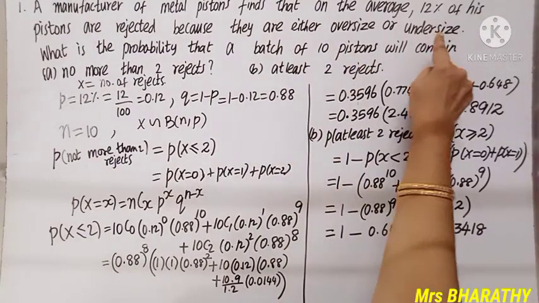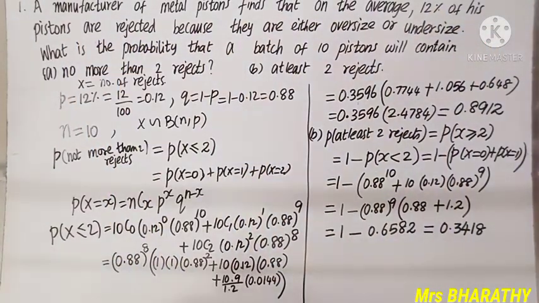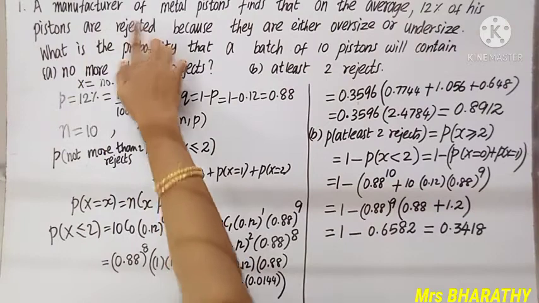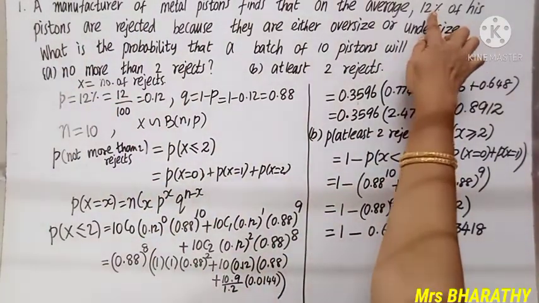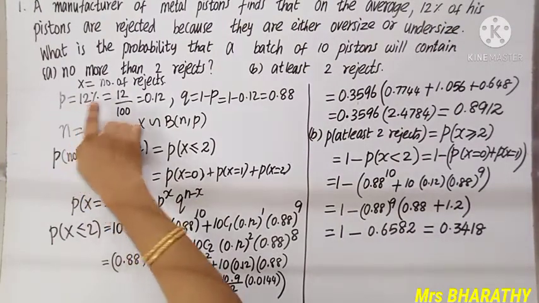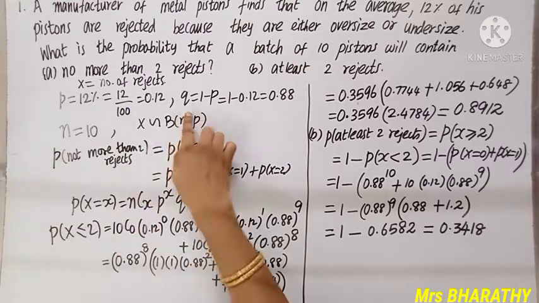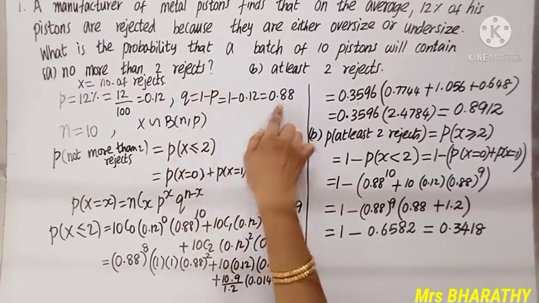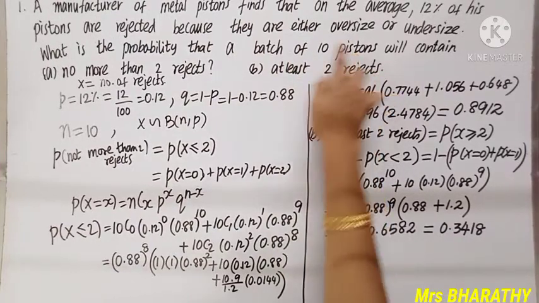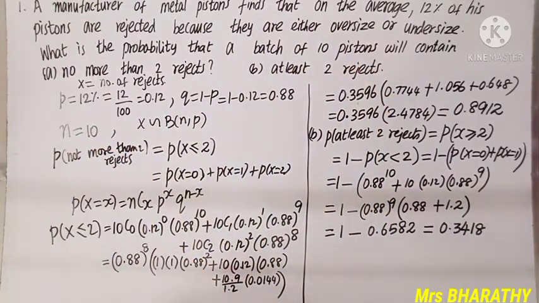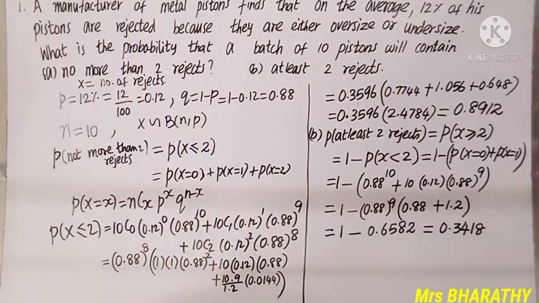Let us quickly glance through the problem. As we read it, 12% of his pistons are rejected. So the number that is rejected, let us consider as x. What percentage? We call it probability. 12 by 100, that is 0.12. Once I know p, q is 1 minus p, subtract and write it. A batch of 10 pistons, so n equals 10. My question is not more than 2 rejects.